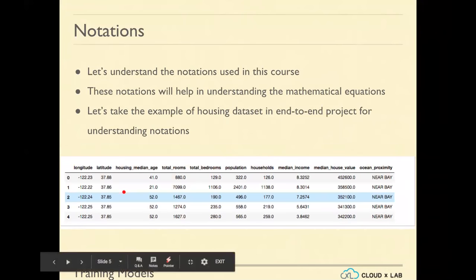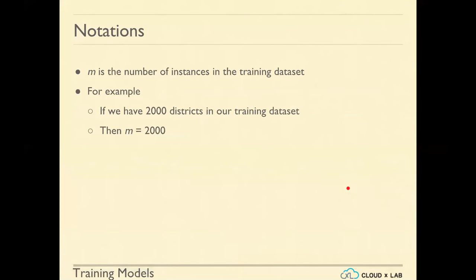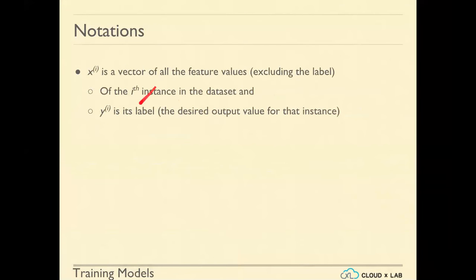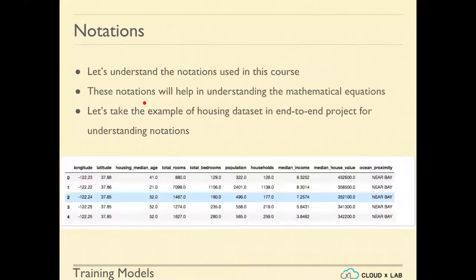So if we remove this value from here, the xi is going to be the ith instance in the data set. So this value is y superscript 1, and the remaining values will become x superscript 1. Okay, and so on. I mean, generally it starts from 0. It's going to be X naught and so on, right?